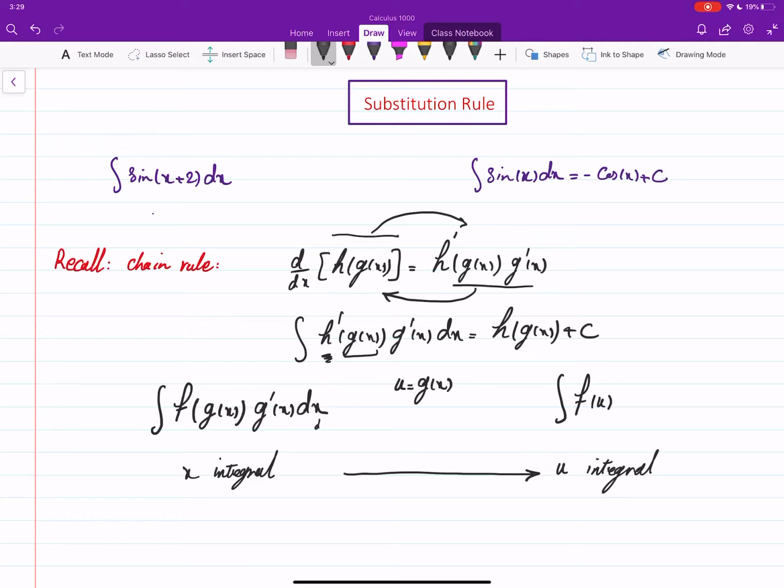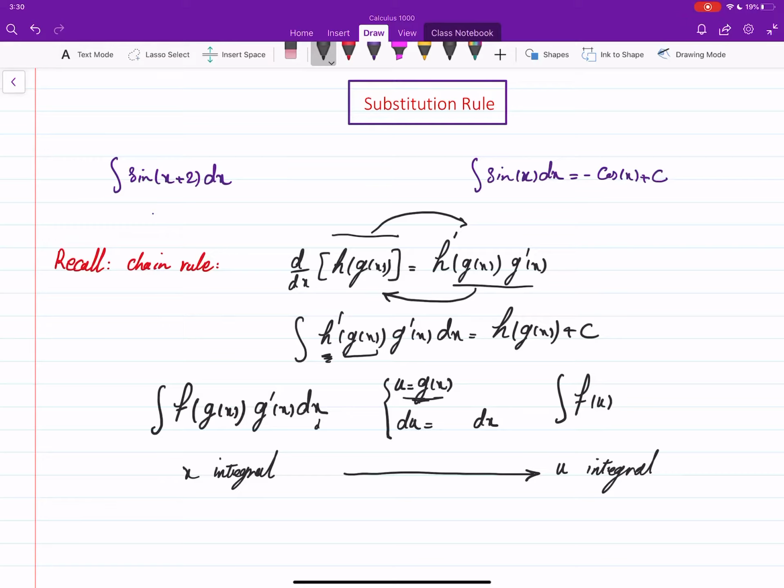Substitution says don't just replace dx by du. What you need to see is that the substitution you choose, u equal to g of x, gives a relation between dx and du, so du can be written in terms of dx. How is it found?